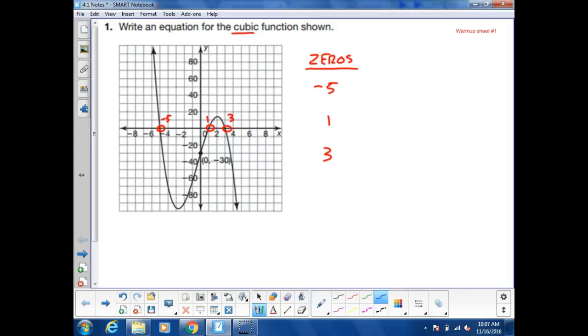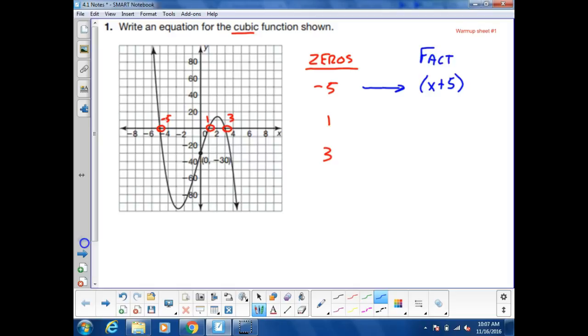Can you put it in the same form as the intercept form? So what would -5 transfer into? X plus 5. And what would I call x plus 5? Rhymes with tractor. Factor.